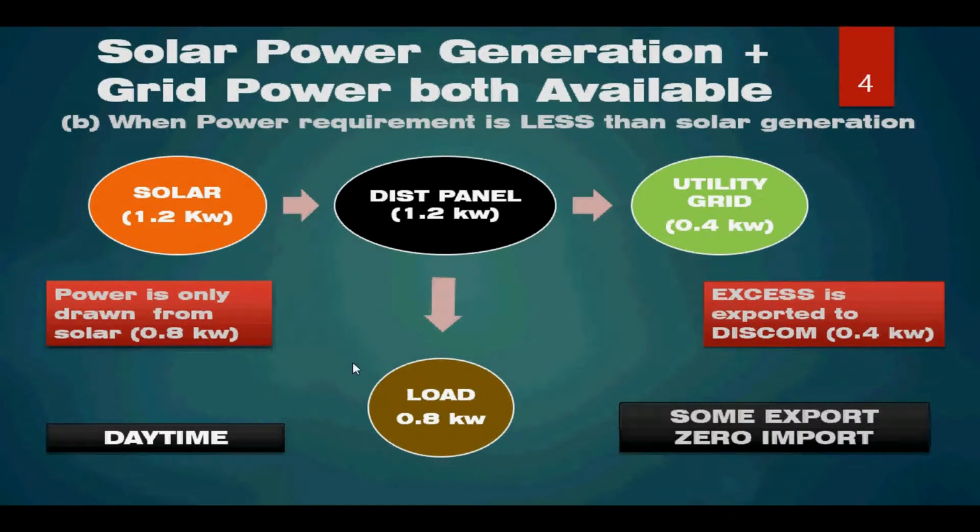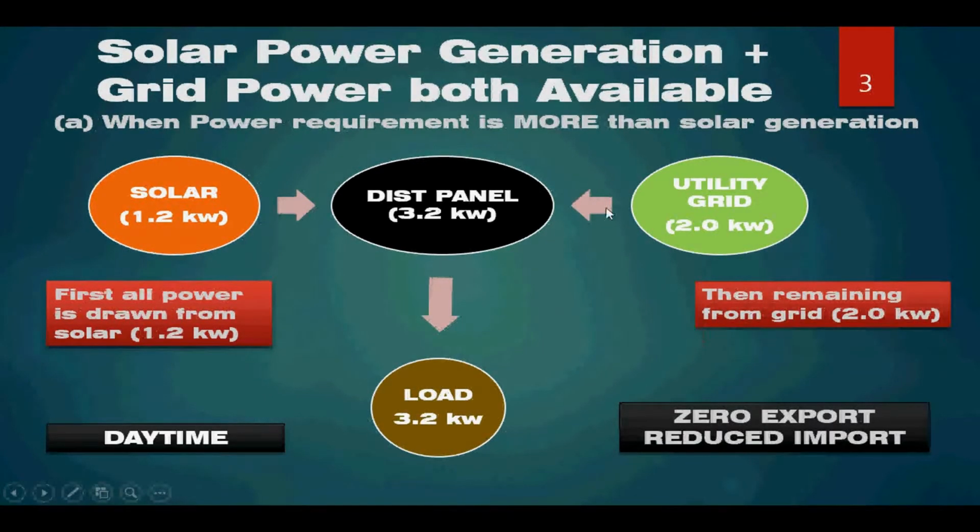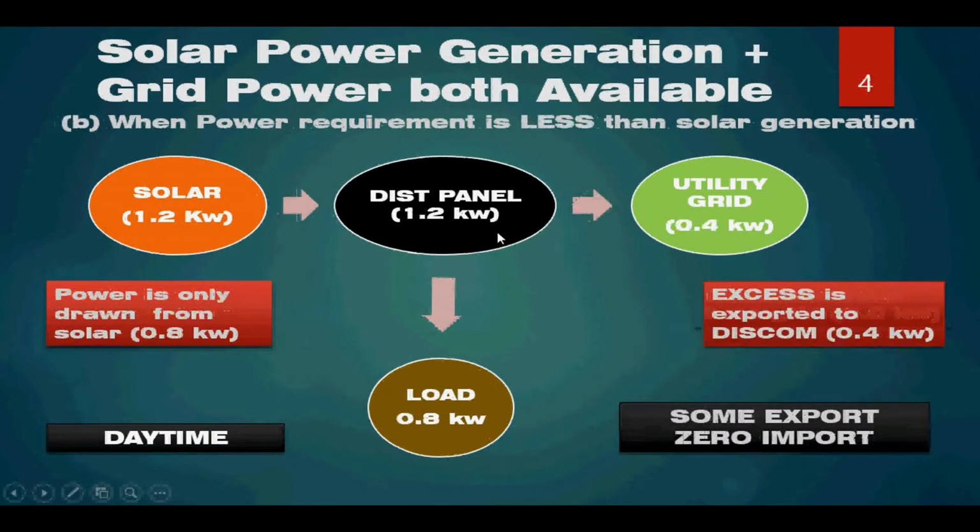Yes, you can see the difference in current flow. Here the net meter will measure the current flowing in the opposite direction. Earlier, in case A, the current was flowing from the utility grid to your distribution panel. Now in case B, your current is flowing in the opposite direction.